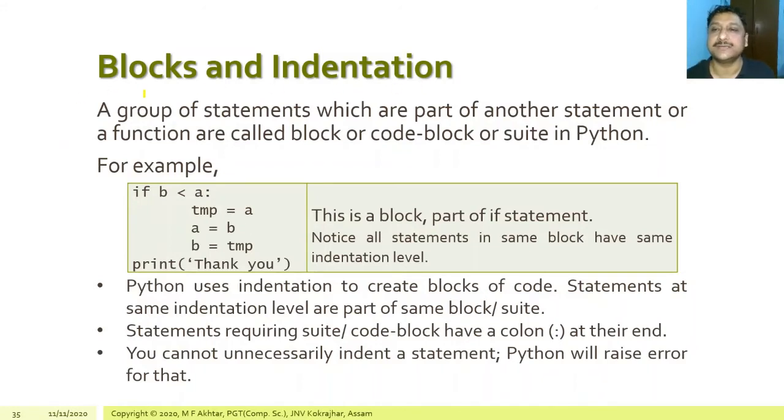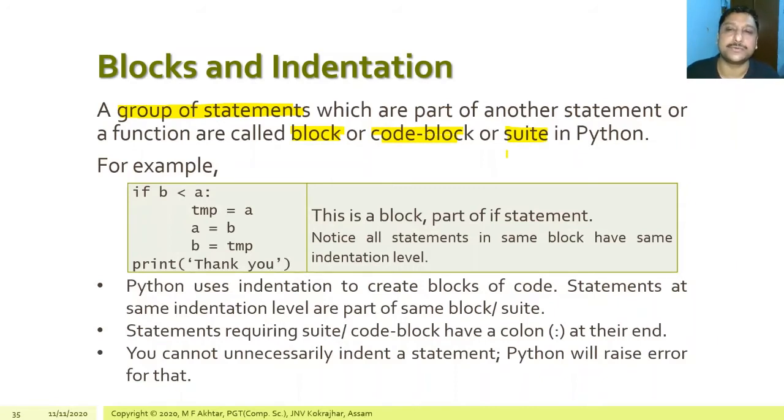Blocks and indentation. A group of statements which are part of another statement or a function is called a block. What is a block? Only a group of statements is known as a block. It is also called a code block, or sometimes a suite.